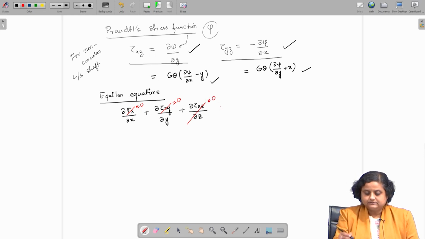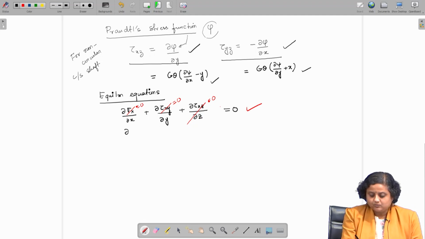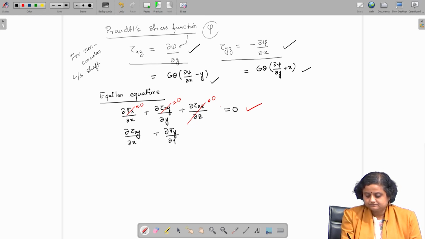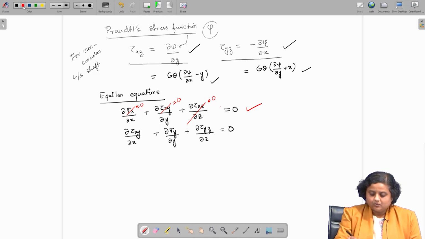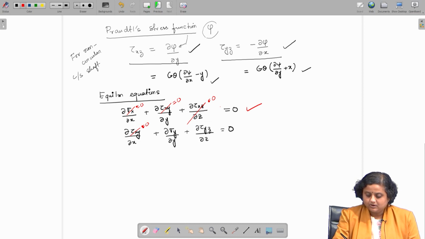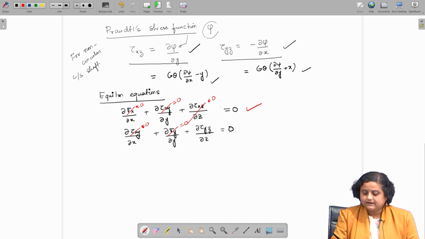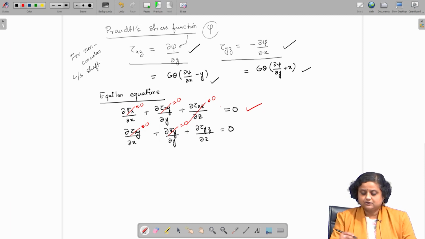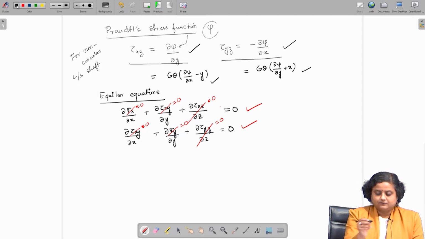Therefore, this is satisfied. Now, let us move to the second one. Here also we know that tau x y is 0, sigma y is 0, and tau y z is not a function of z, so this derivative goes to 0. So, this equation is satisfied.